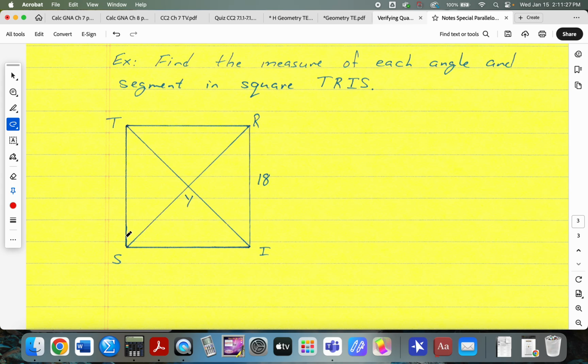Well, because it's a square, all the angles are right angles. And because a square is a rhombus, all the angles in the middle are right angles also. If you turn it up on its side, you can see that those are all right angles.